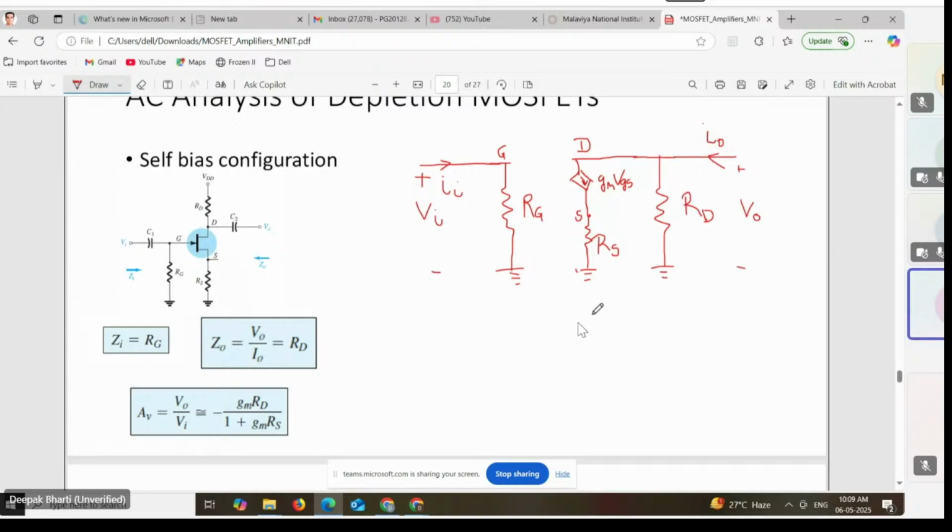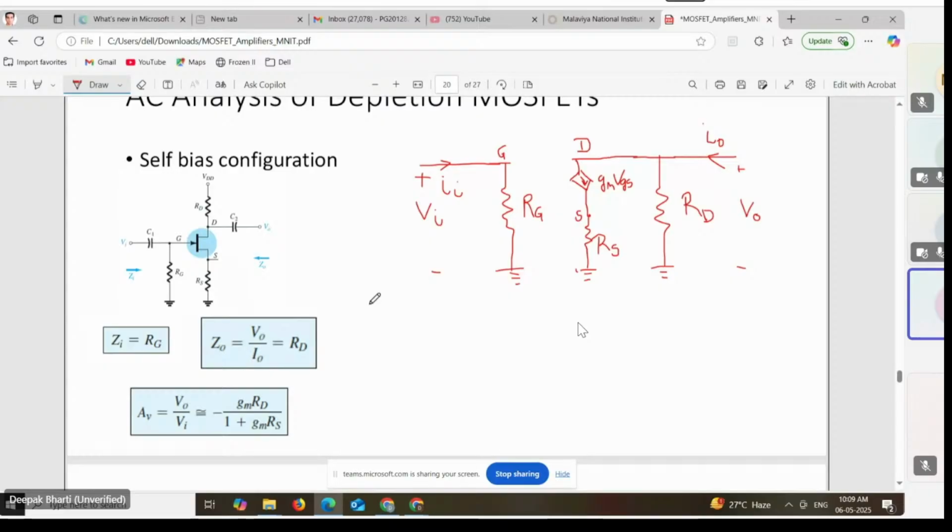Okay, so now if you notice, this network is slightly more complicated than the networks that we had drawn yesterday. So let's try to determine the three parameters: Zi, Zo and Av for this particular case, and we know that this time it will be different. So what will be the Zi?